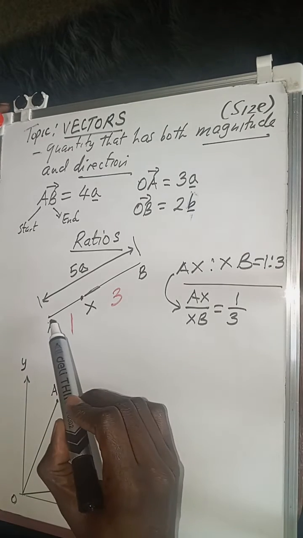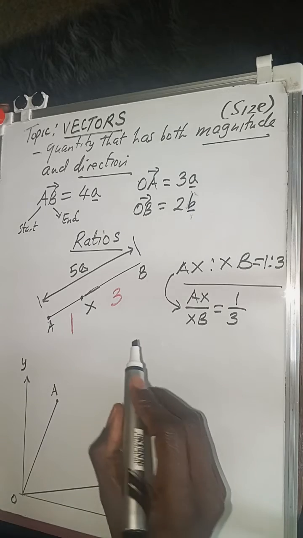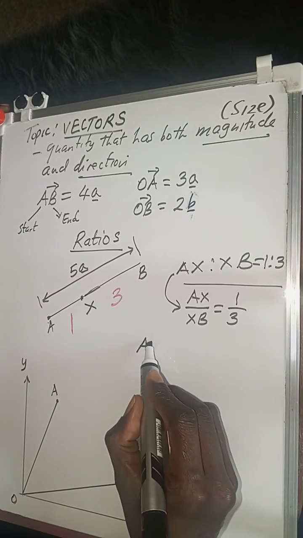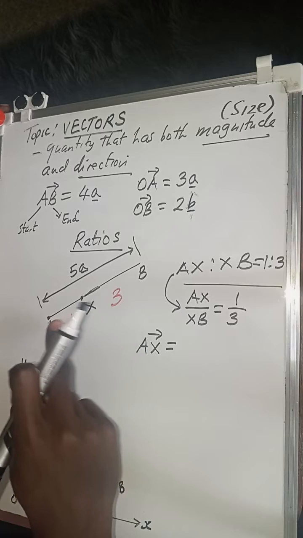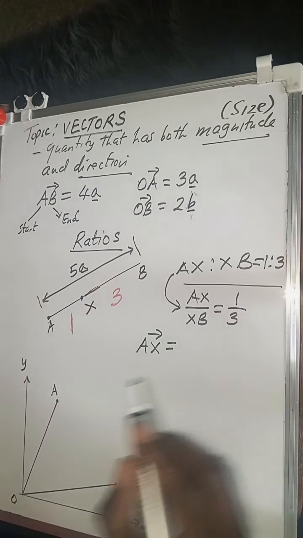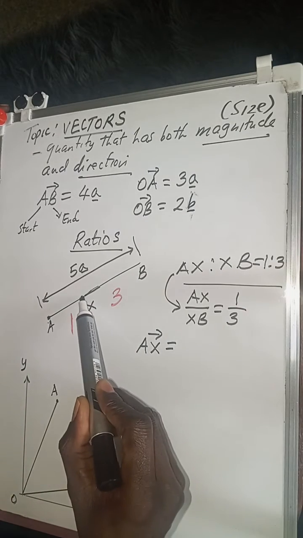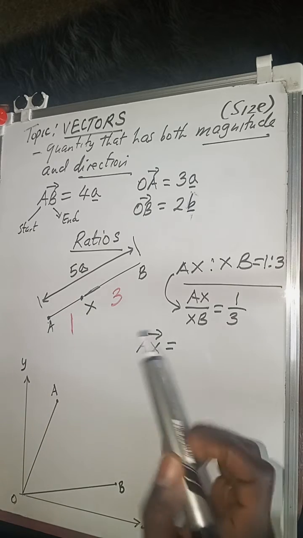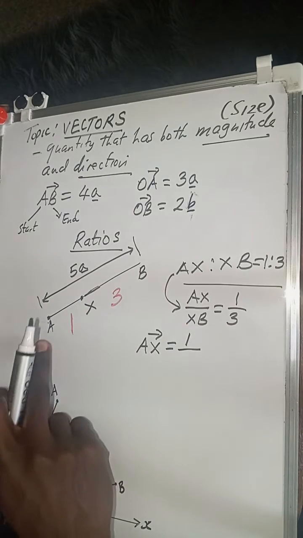Now, suppose you wanted to know the magnitude from A to X. Remember the magnitude of the whole vector AB. What you can do is ask yourself, what is the ratio of A to X? The ratio A to X is simply 1 over the total ratio of the line AB.